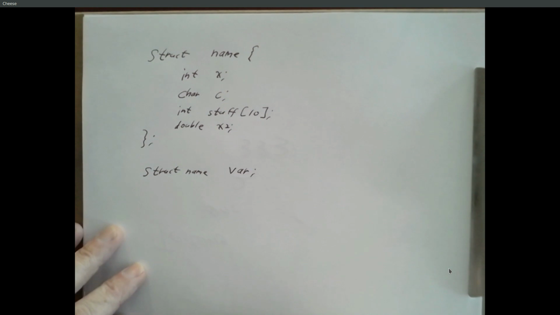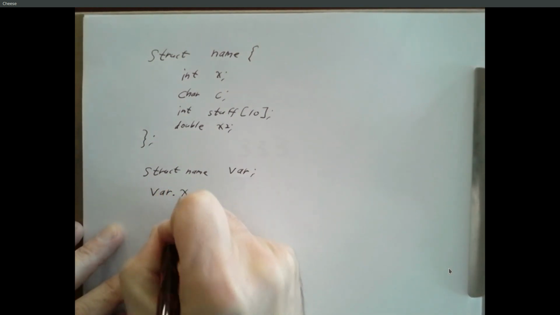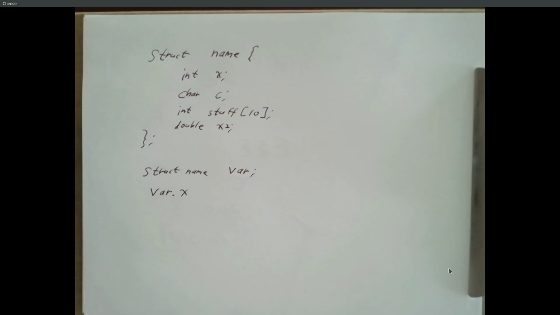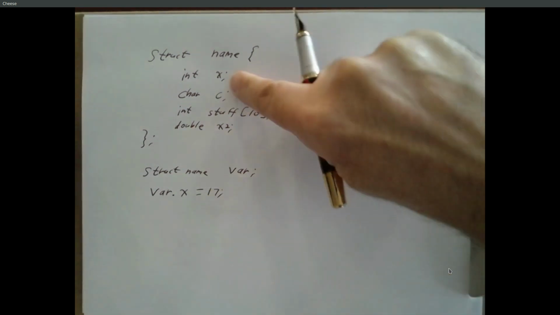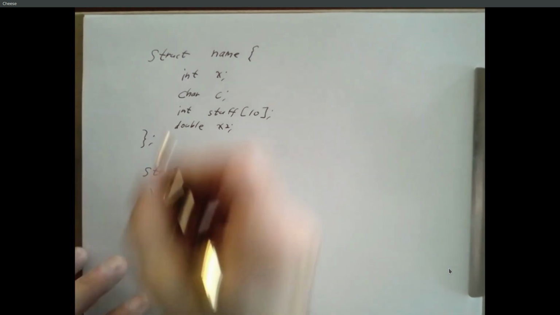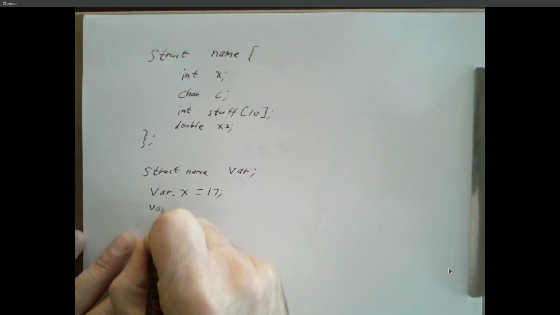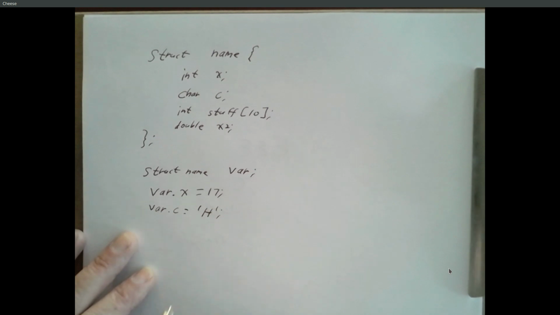If I want to get to the x piece, the syntax is just var period x. So I can say var.x equals 17, and that sets the x piece of that structure to 17. I can get to the character piece exactly the same way: var.c equals whatever character you want.